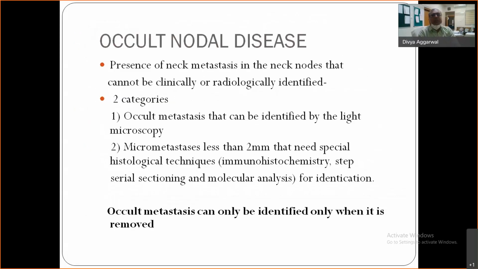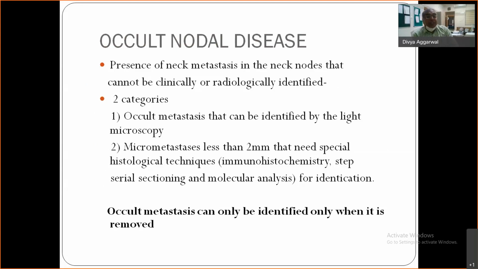Now, occult nodal disease. This is an important topic, especially for your clinics from the clinical point of view, and from your exam point of view. What is occult nodal disease? It is the presence of neck mets in the neck nodes that cannot be clinically or radiologically identified.